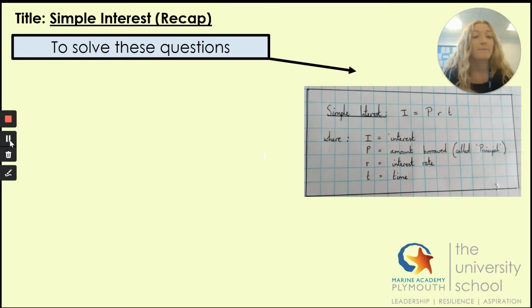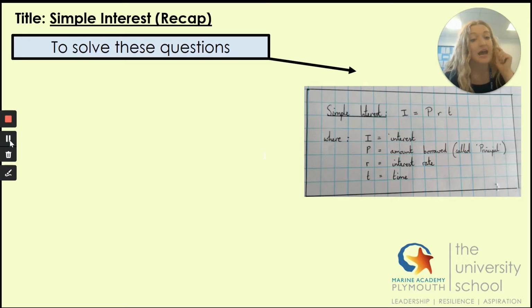But anyway, going back to notation, for this lesson we need to know some specific notation. Here underneath, you can see simple interest, I equals PRT. So to calculate I, we do P times R times T, remembering that when letters are next to each other in maths, that means they are multiplied together.